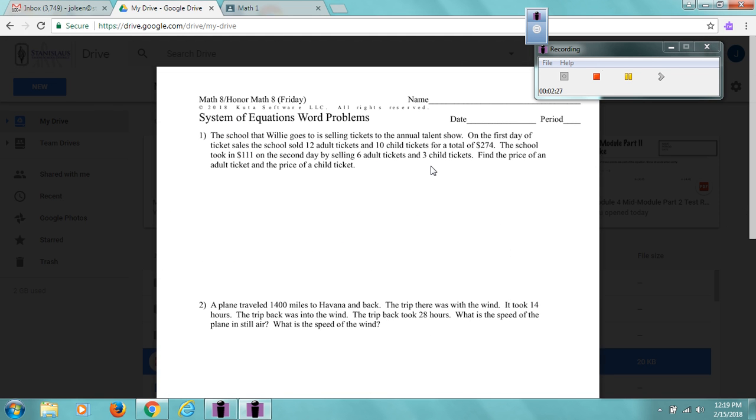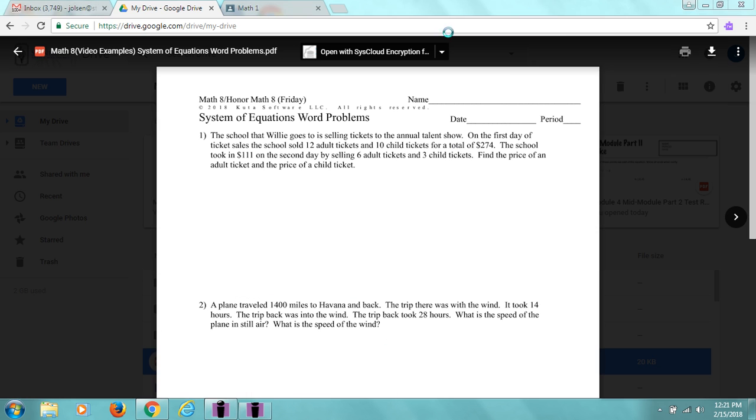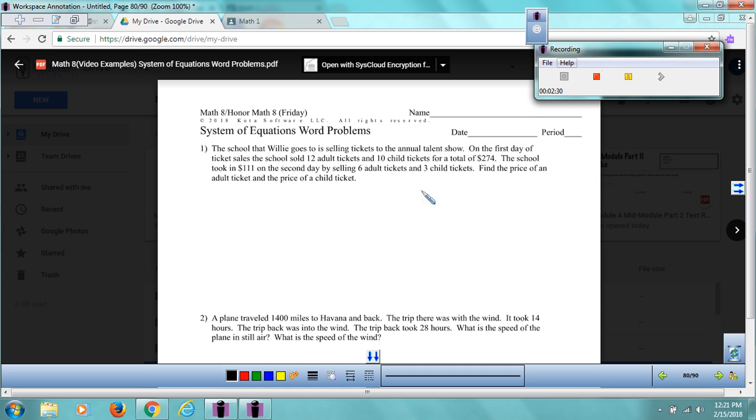Those tickets are going to be our variables. So when we look at this, we're going to say A is the cost per adult ticket. And then we're going to use C for child, cost per child ticket.